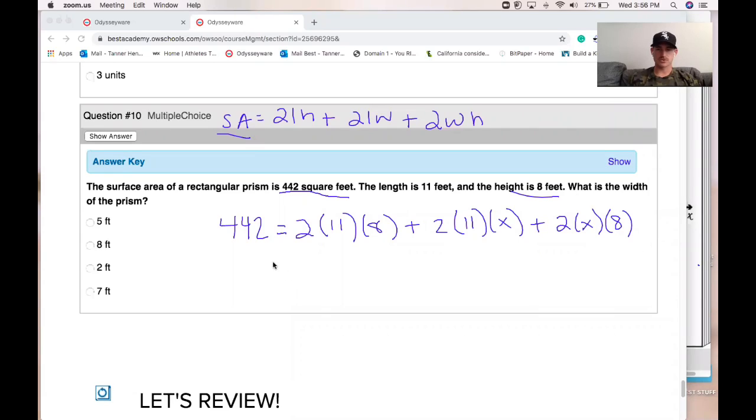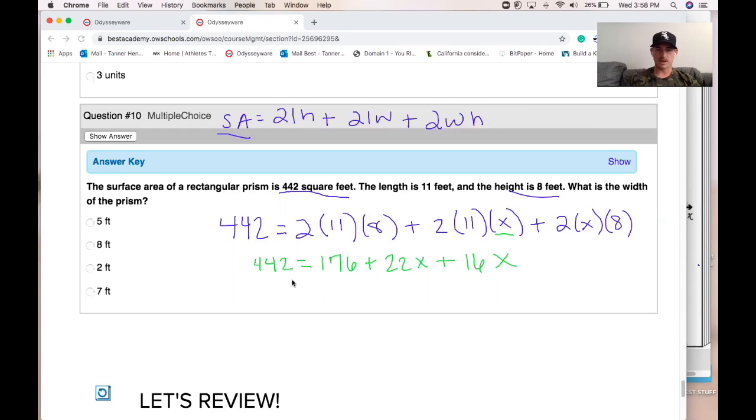Our next step is dropping down and combining like terms. So nothing changes with 442 equals 11 times 8 is 88, times 2 is 176, plus 2 times 11 is just 22x, don't forget the x, plus 2 times 8 is 16x.